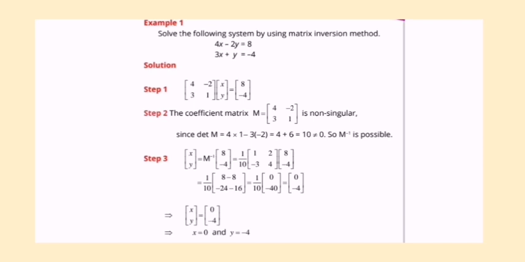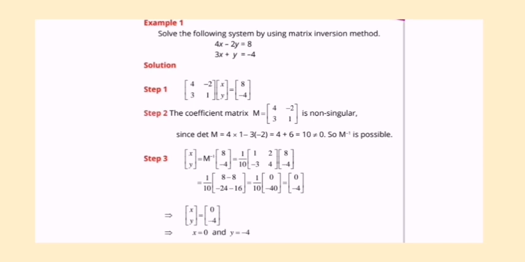Therefore, the given system can be written as the matrix [4, -2; 3, 1] times [x; y] is equal to the column matrix [8; -4].